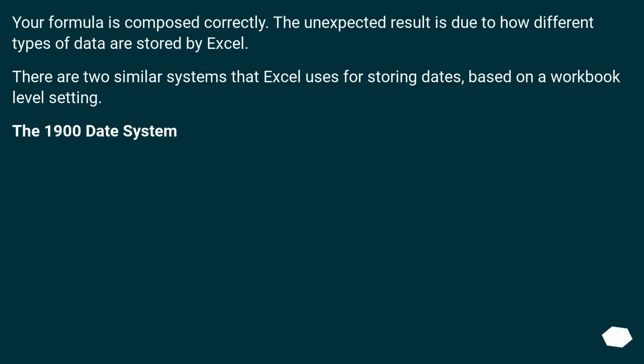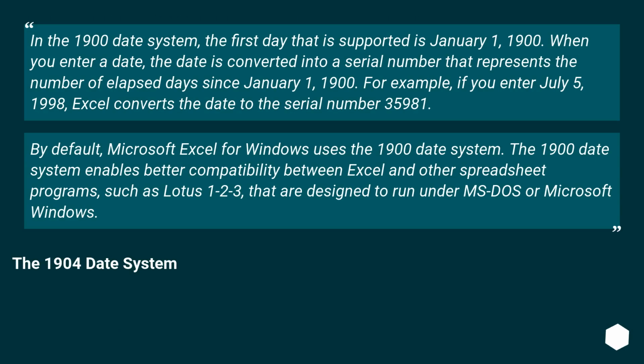Your formula is composed correctly. The unexpected result is due to how different types of data are stored by Excel. There are two similar systems that Excel uses for storing dates, based on a workbook level setting. The 1900 date system. In the 1900 date system, the first day that is supported is January 1, 1900.